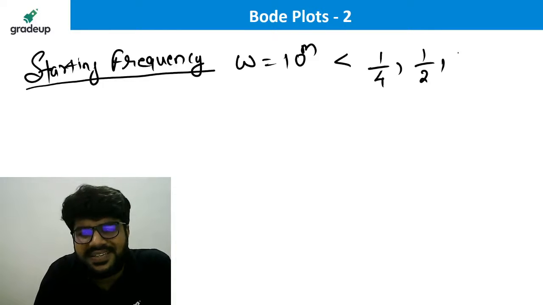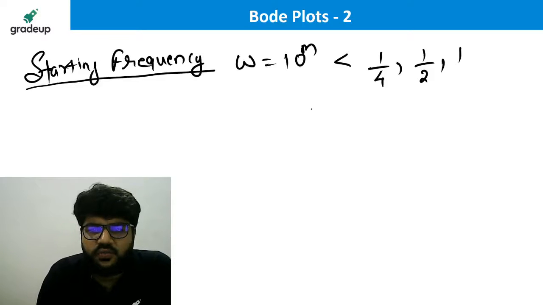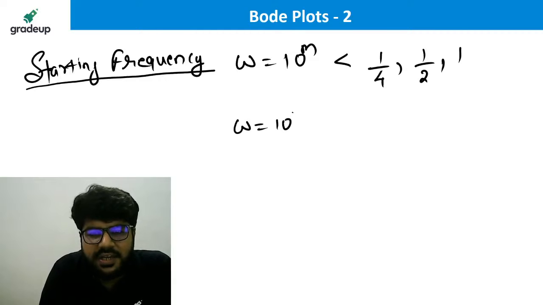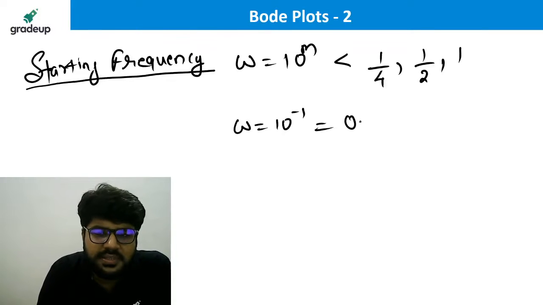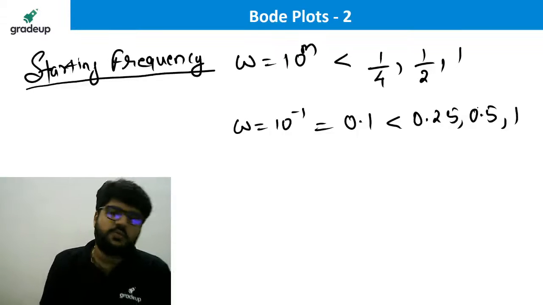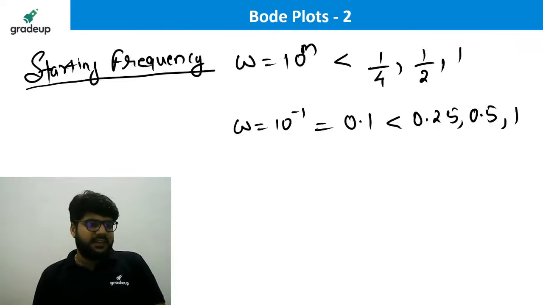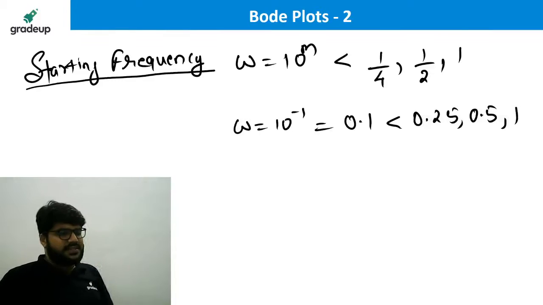The corner frequencies are 1/4, 1/2 and 1, that is 0.25, 0.5 and 1. So you can choose omega as 10 raised to the power minus 1, that is 0.1, which is less than 0.25, so obviously less than 0.5 and 1. So 0.1 is the starting frequency.